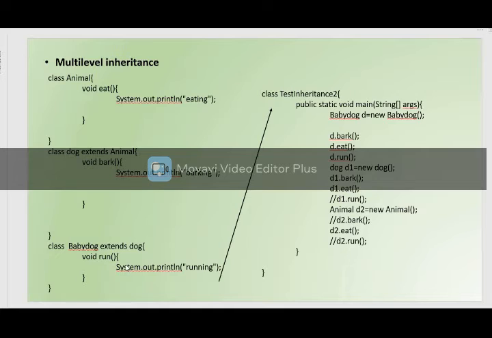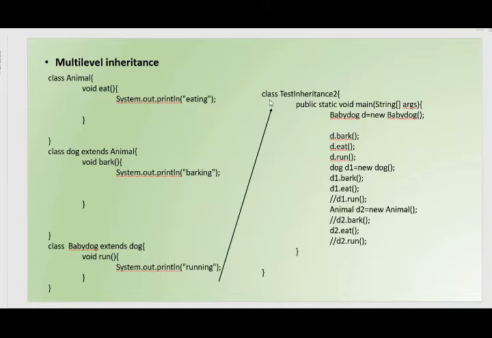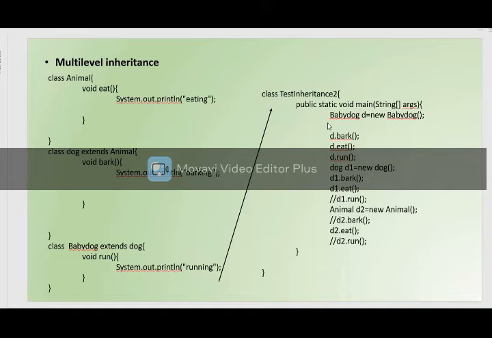There is one method within the BabyDog class. When this program is run, inside the main method you can see the object creation. The object name is d, referring to the BabyDog class.